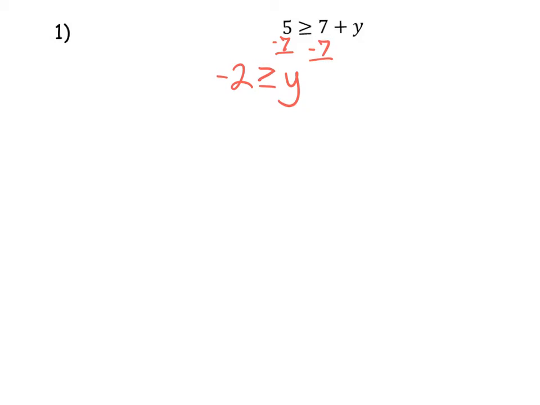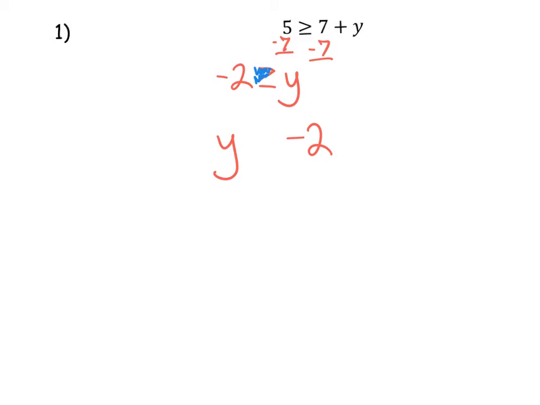I really don't like the way this looks. The reason I don't like the way this looks is because my y is not on the correct side. It needs to be flipped. So, before we flip it, there's something we need to talk about. Just like our teacher said back in elementary school, please notice that right now the alligator is eating the -2. If I'm going to flip the inequality and put a y here and a -2 there, do that please. Put the y on the left.